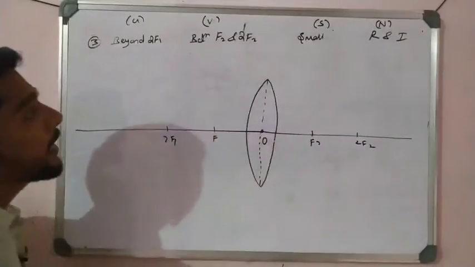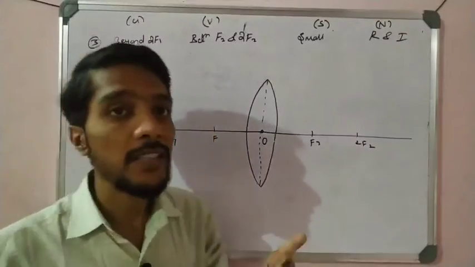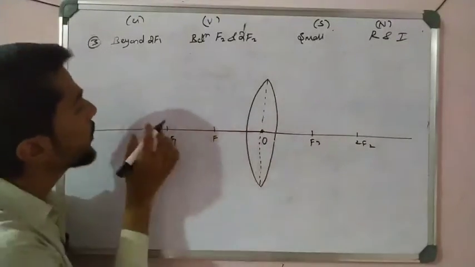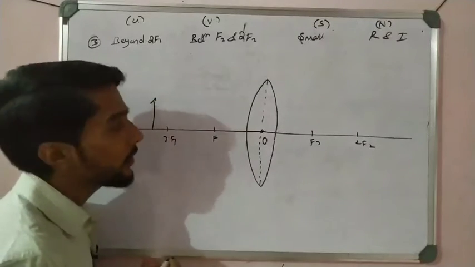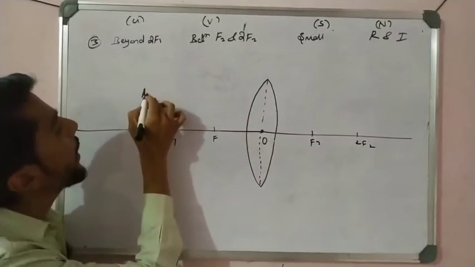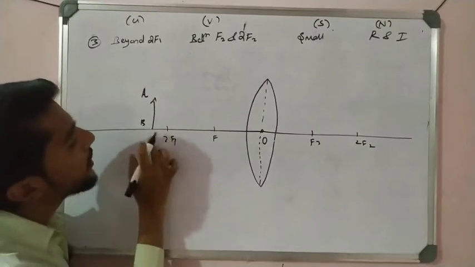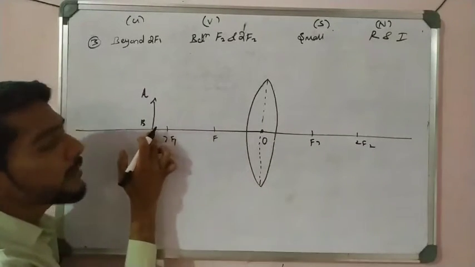Now it is a very important case. Most of the time in the examination this case is asked. So see, beyond means here, this is A, this is B, the object, and this is called the object distance.